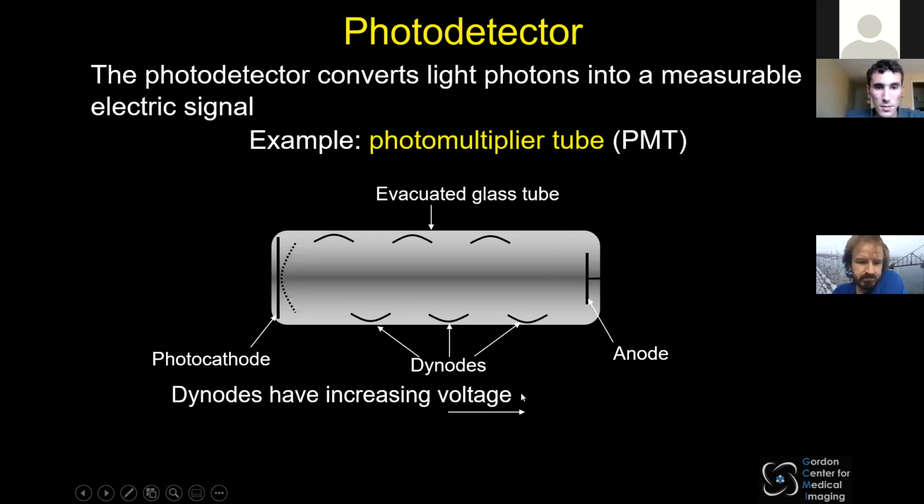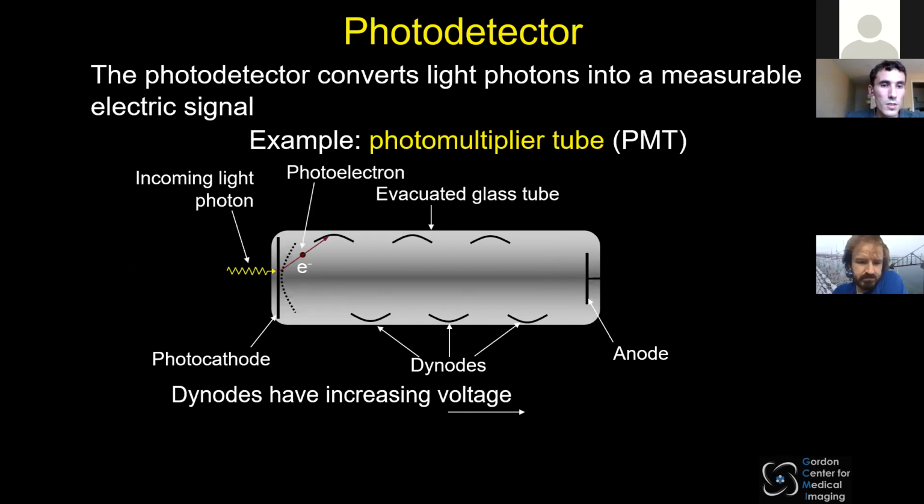So it has different components. One is a photocathode here. Then you have diodes that have an increasing voltage that are placed inside an evacuated glass tube. And you have the anodes here. So this is the output. Now you have light photons that are coming from the scintillation crystal that are going to interact with the photocathode, creating one photoelectron, basically.